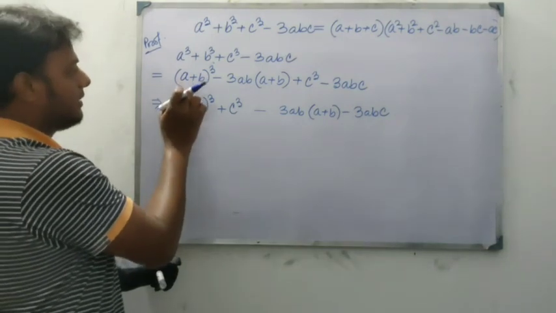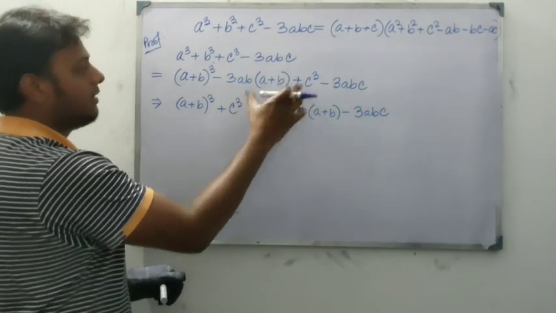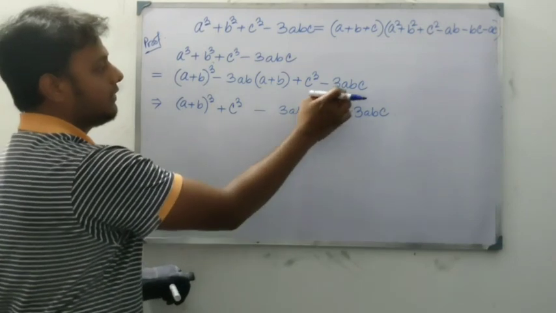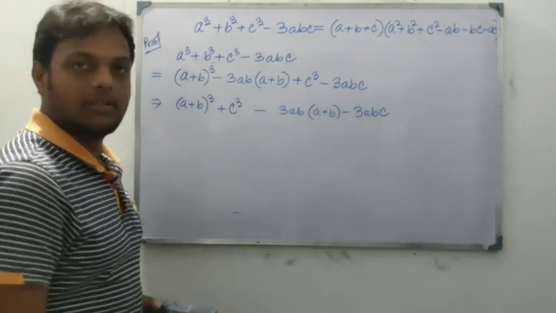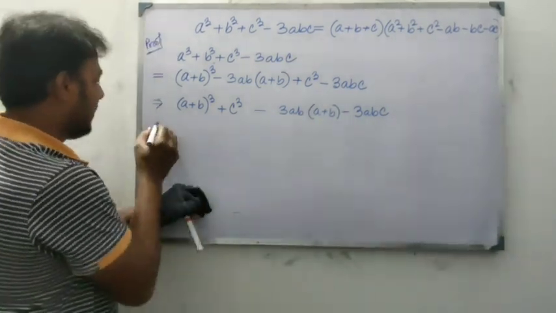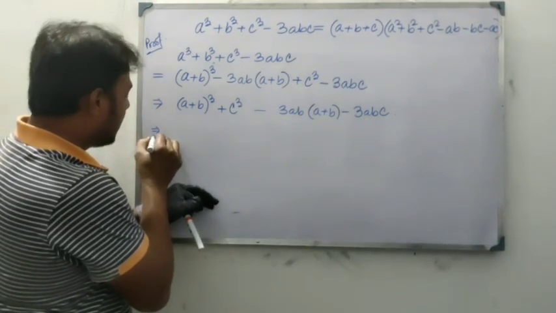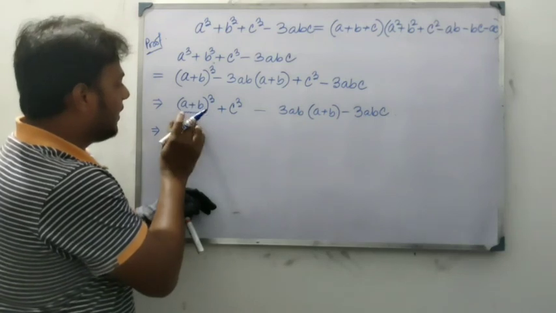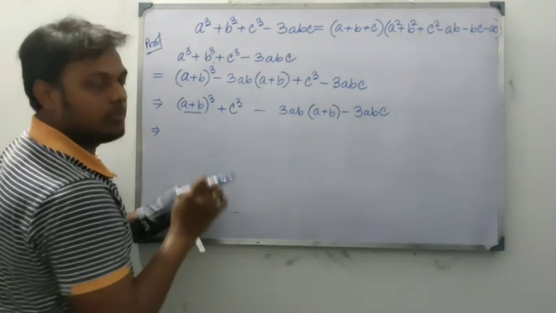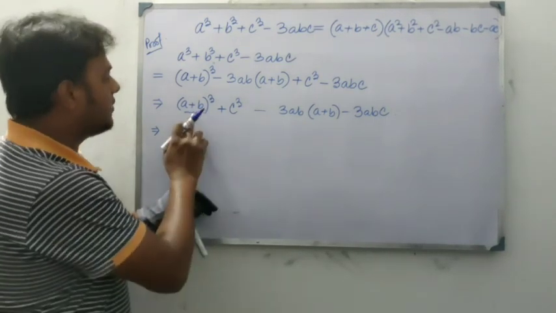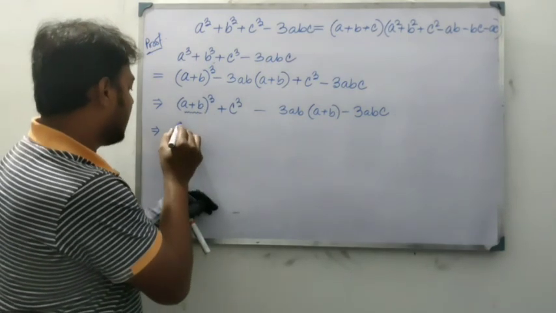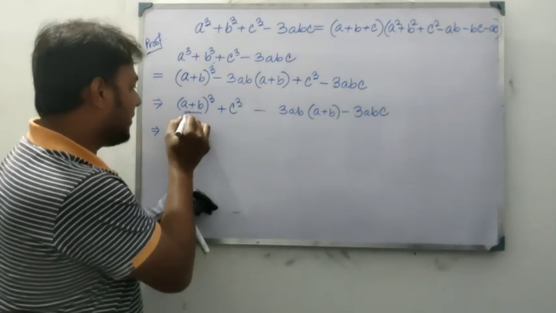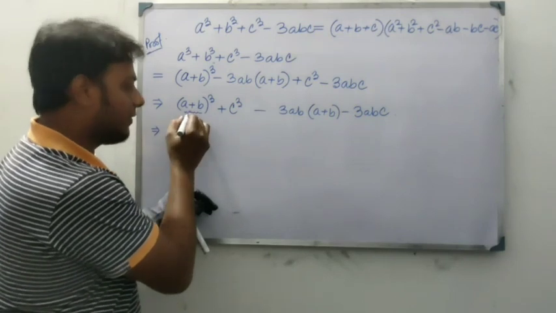Just this term is here, this term here, and 3abc is here. Now again, if we consider a plus b as a single a, then this is a cube plus b cube. And the identity for a cube plus b cube is what? A plus b whole cube. That means our a means a plus b.